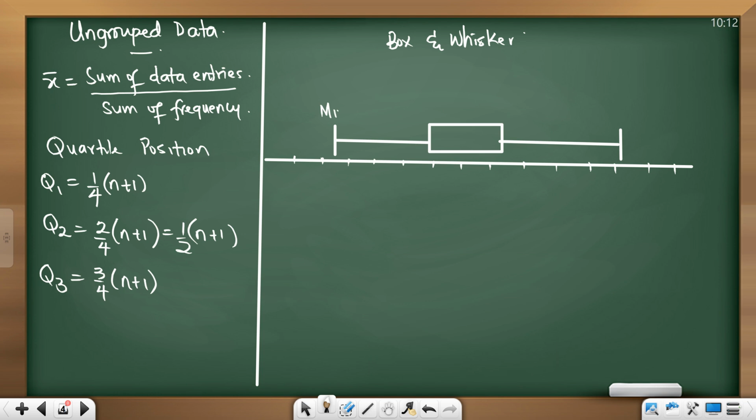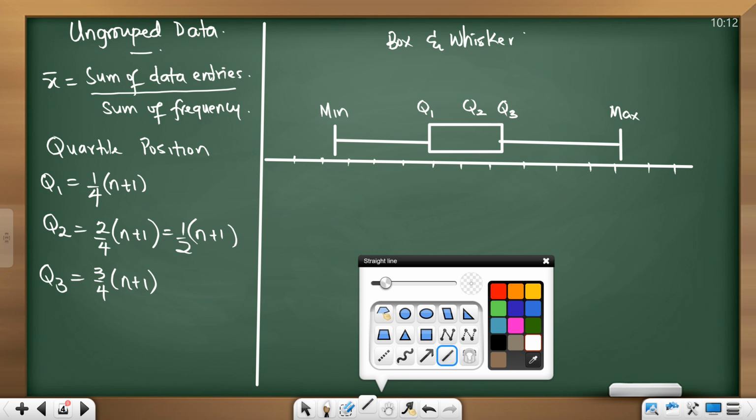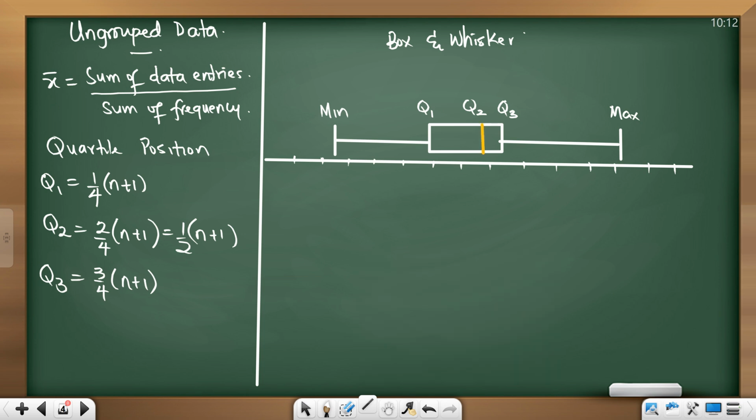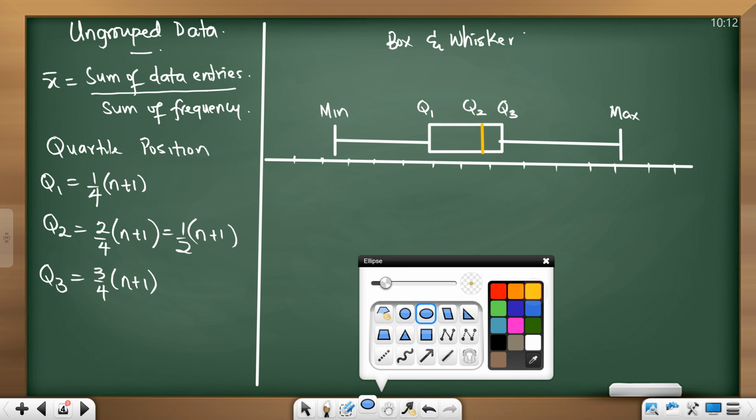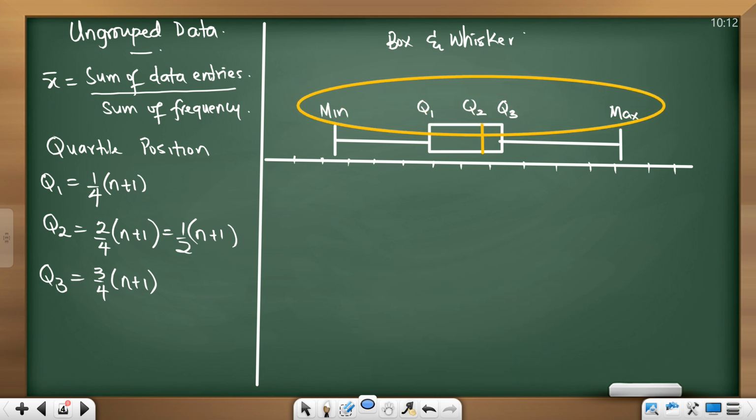Right, so it's the minimum, it's your Q1, it's your Q2, it's your Q3, and your maximum. Right. So these things are called your 5-number summary.